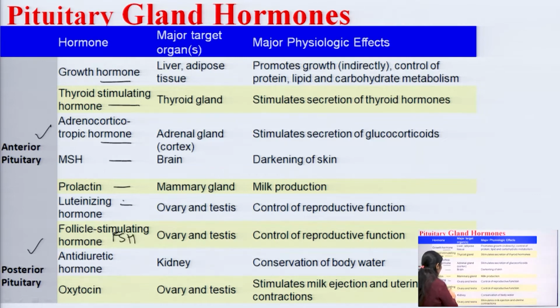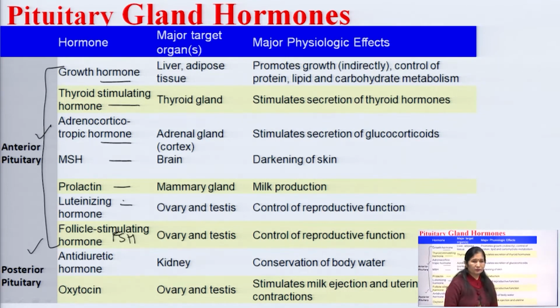So, these are the 7 hormones that are secreted from the anterior pituitary, and 2 hormones, antidiuretic hormone and oxytocin, are secreted by the posterior pituitary.